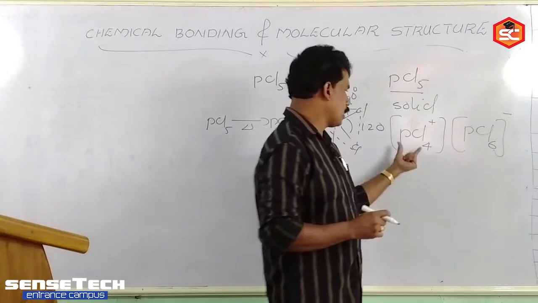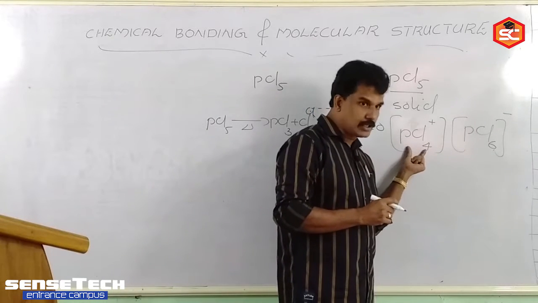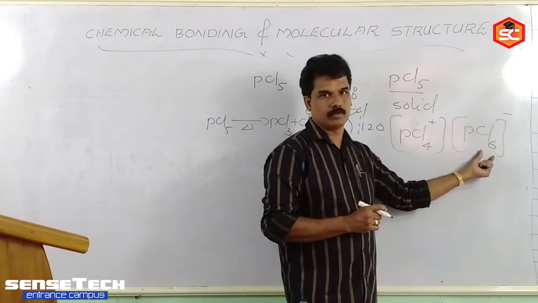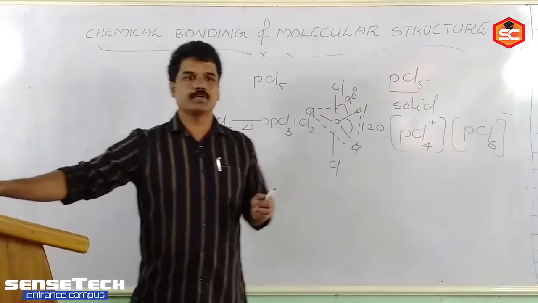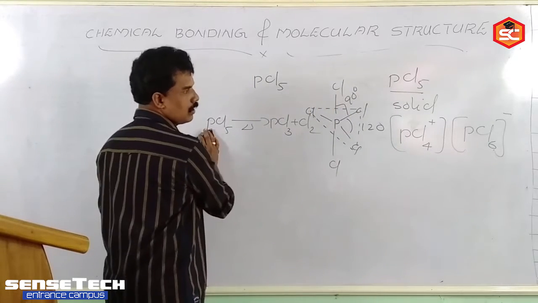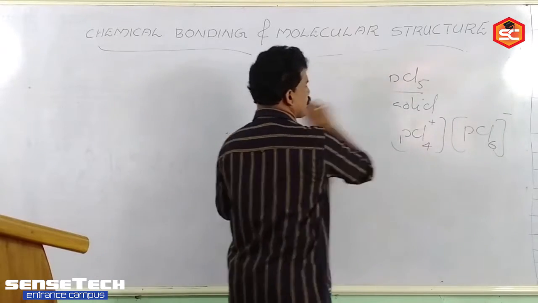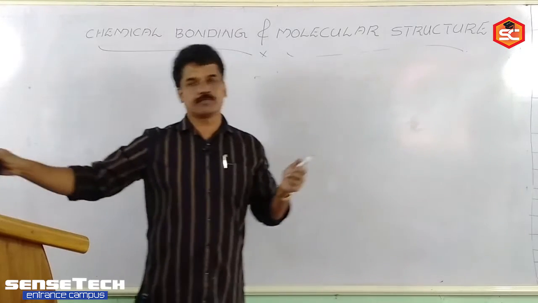Solid state. The cation is tetrahedral and the anion is octahedral in shape. In solid state, that is the way PCl5 exists. Clear now? PCl5 is sp3d. Then come to sp3d2, for which the molecule we already studied is SF6.